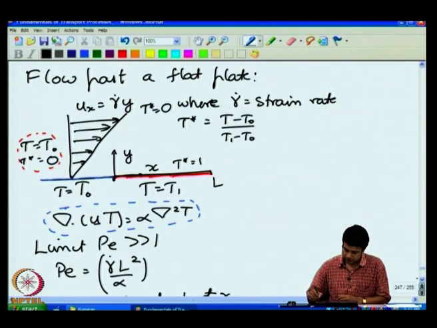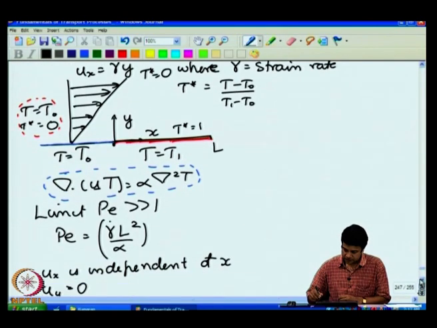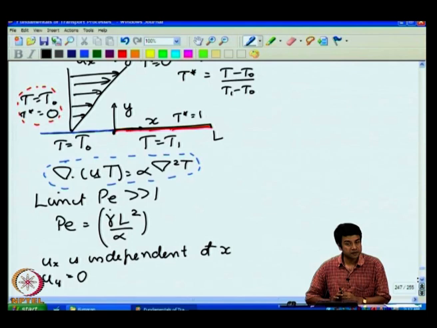In this particular case, the velocity itself is not specified. What is specified is the velocity gradient gamma dot. This velocity gradient has dimensions of 1 over time. The only length scale in the problem is capital L, the length of the plate, and therefore, I can define the Peclet number as gamma dot times L square by alpha.